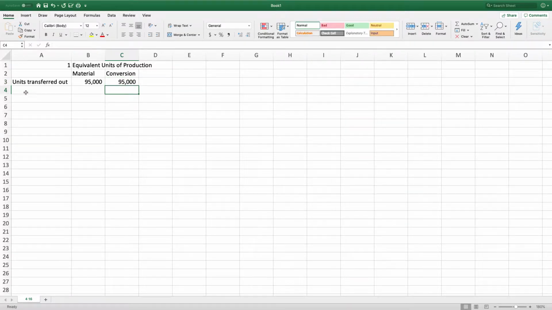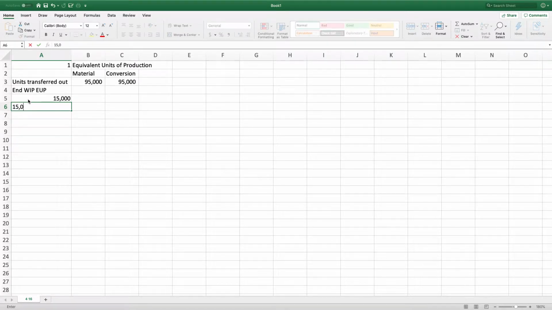Okay, so the next thing we need to do is look at our ending WIP, and we really need to calculate what are the equivalent units of production. Well, we know that in ending WIP, we have 15,000 units for both material and conversion costs.